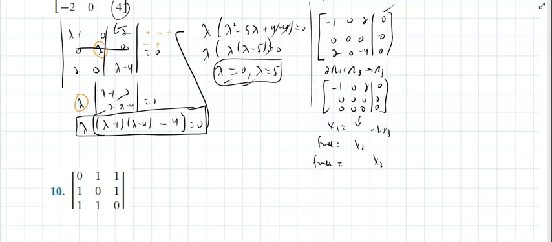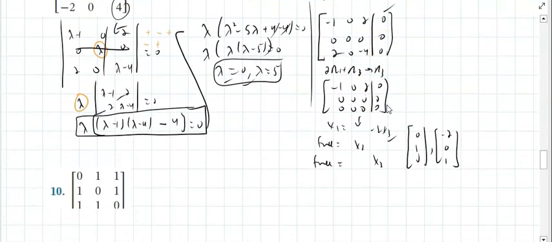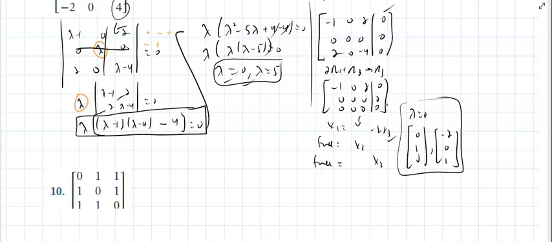So for this, I'll get 0, 1, 0. And for this, I'll get negative 2, 0, 1. Those two vectors, those two eigenvectors, will correspond to lambda equals 0. Those form the basis for the eigenspace.